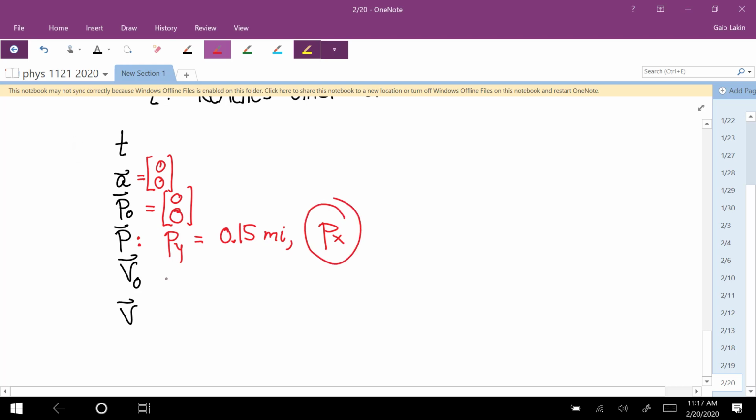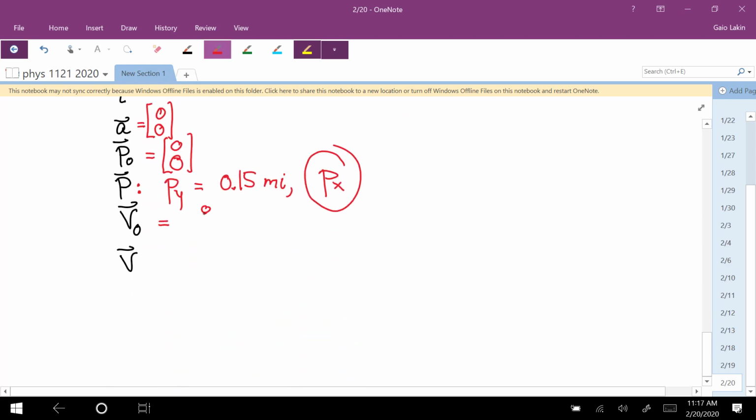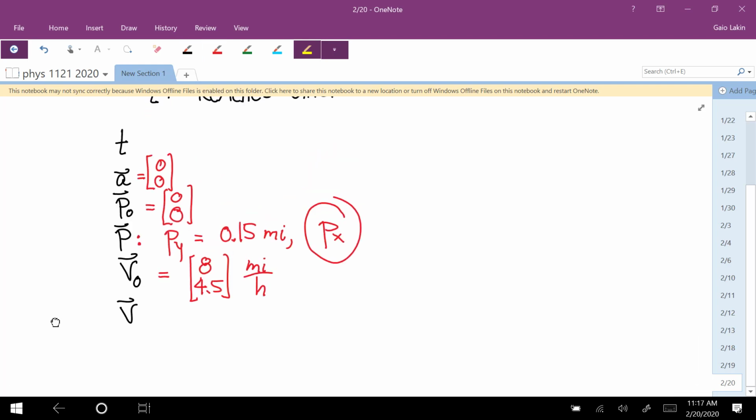And the initial velocity is 4.5 miles per hour, and we'll pretend we don't know anything about the velocity. Any questions about the setup?